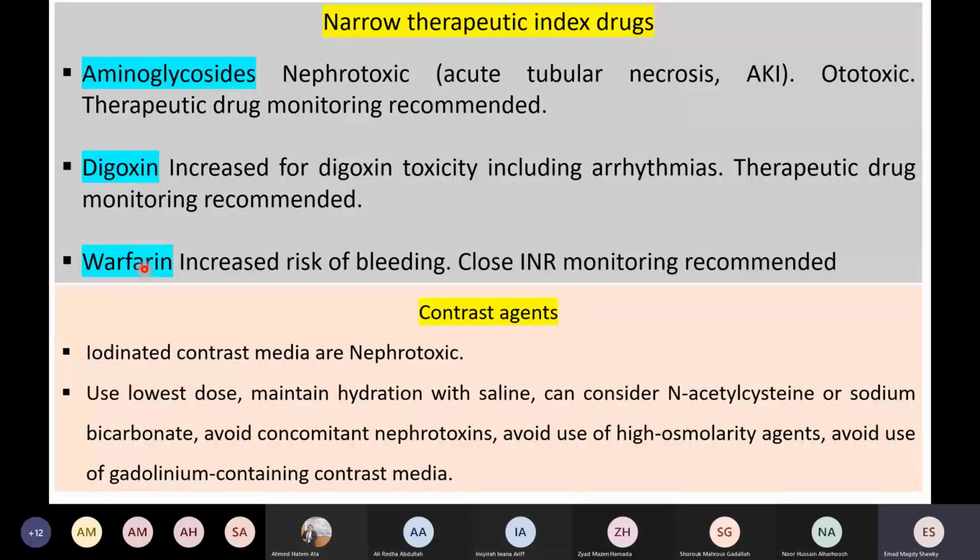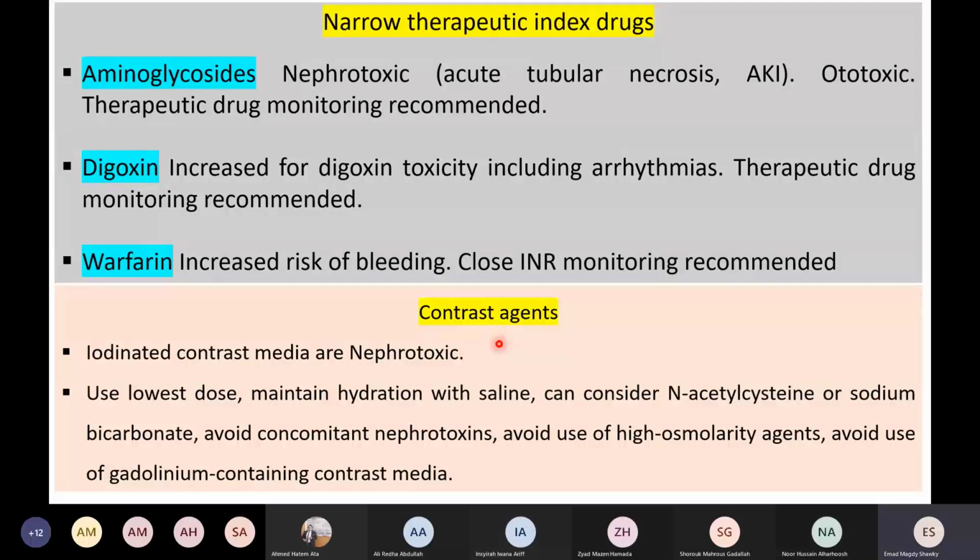The aminoglycoside is nephrotoxic, and digoxin and warfarin must be used very carefully in patients with chronic kidney disease. Another very important and very common agent is IV contrast. The contrast, especially the iodinated and hyperosmolar contrasts, is used in diagnostic procedures such as CTs, MRIs, or diagnostic angiography in cardiological disease.